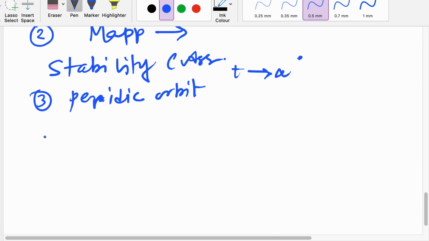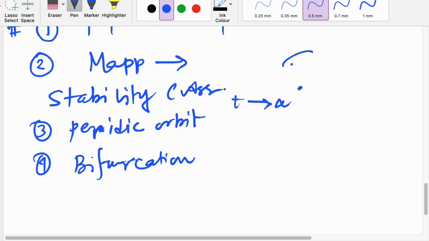Then I will show you the bifurcation. Bifurcation means when the stability of a system changes at some point, which obviously depends on the parameter of that equation. So when I change that parameter, some fate of the system will change, and a new fate will emerge because of the parameter. So this is called bifurcation. It bifurcates because of the change of parameter.